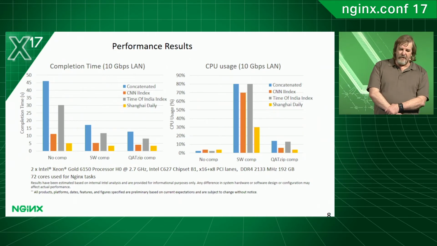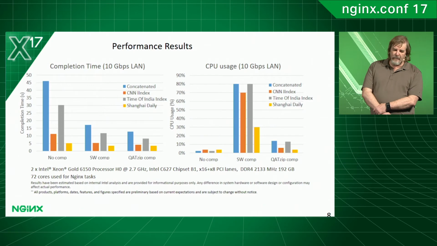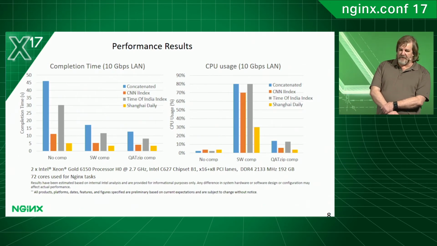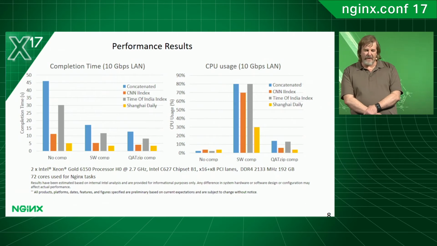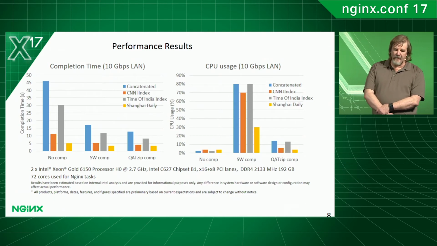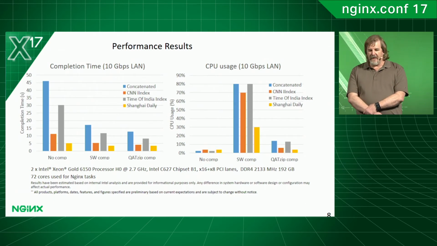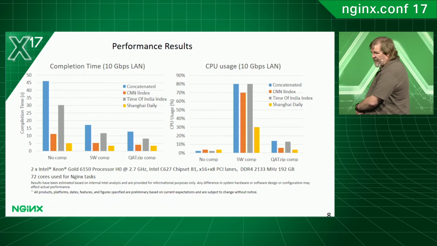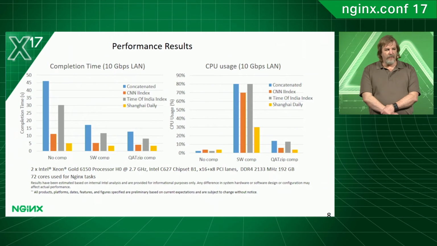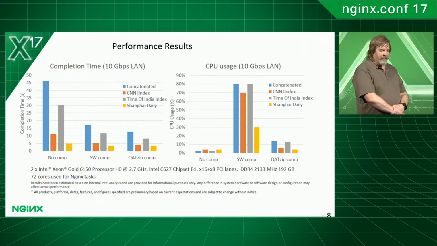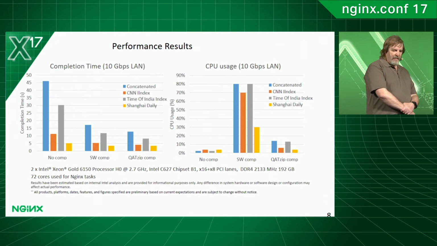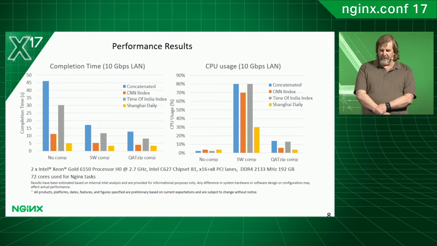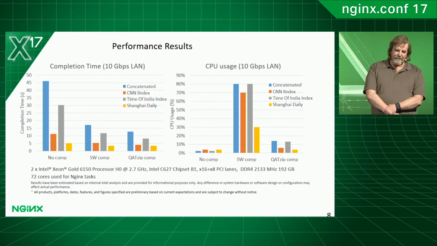So what we see is that with no compression, the time to complete for the concatenated file, the concatenation of the 3, was a little over 45 seconds. And that's network bound. We were getting 9.6 gigabits a second over the Ethernet, and that was it. With the other ones, it was sort of similar.